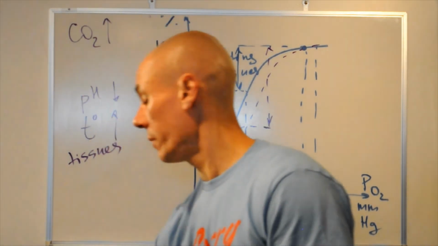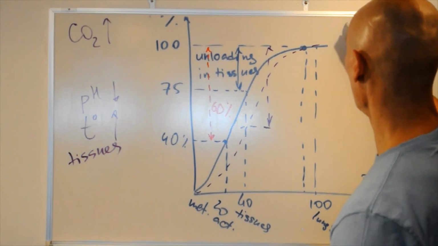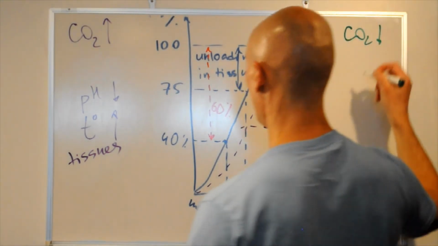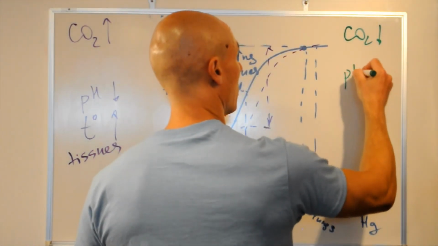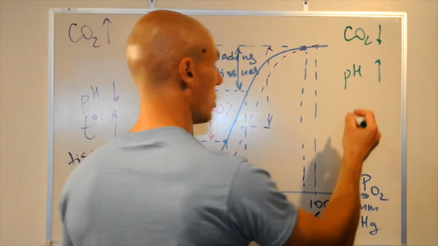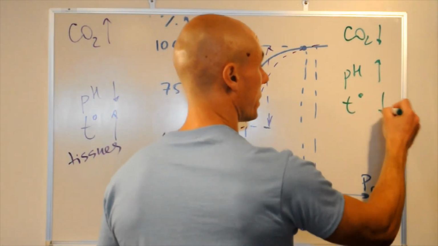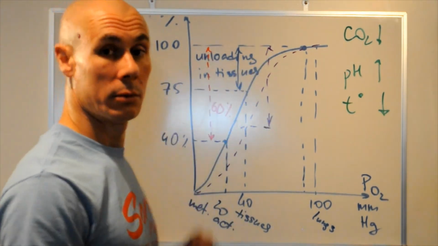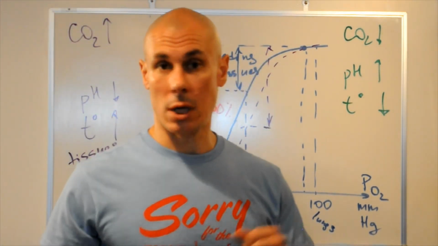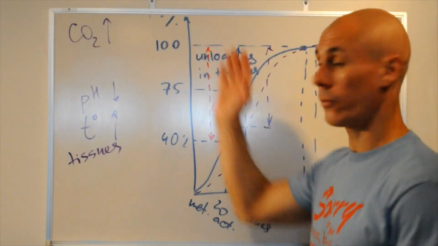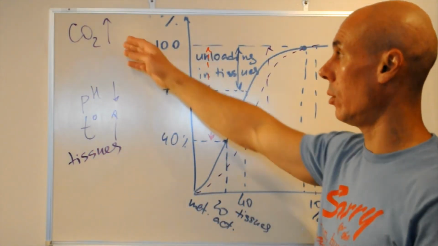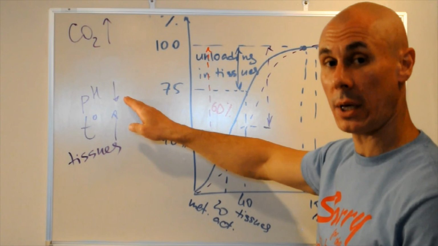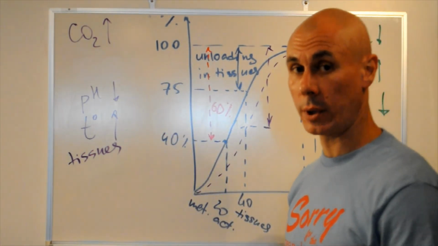And what we're going to observe in the lungs, we're going to see lower CO2, slightly higher pH, and lower temperature. And all these factors will shift the curve to the left. That response of the curve, increased oxygen unloading in response to higher CO2, lower pH, and increased temperature, is called the Bohr effect.